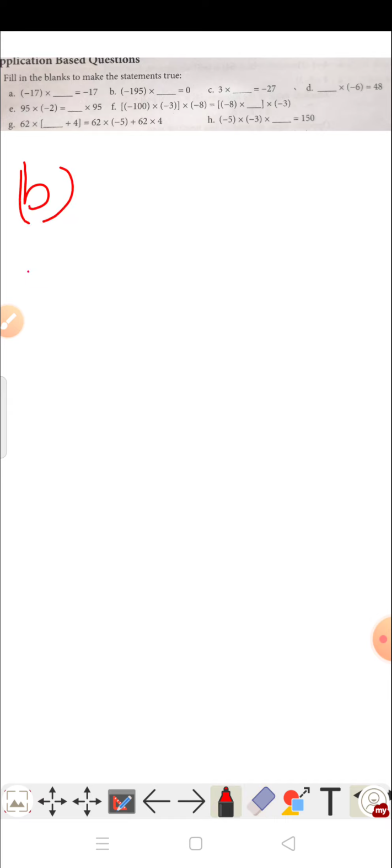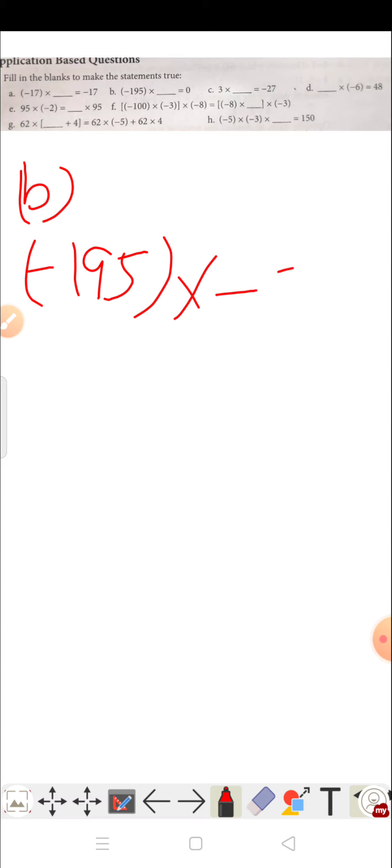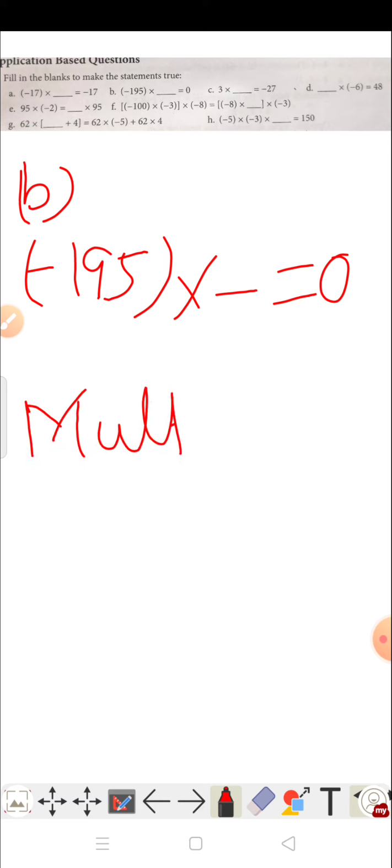In your B part, you have to multiply minus 195 by a number such that the result will become 0. And we already know that whenever we multiply any integer with 0, the resultant is 0. Clear? So the property is multiplication by 0.